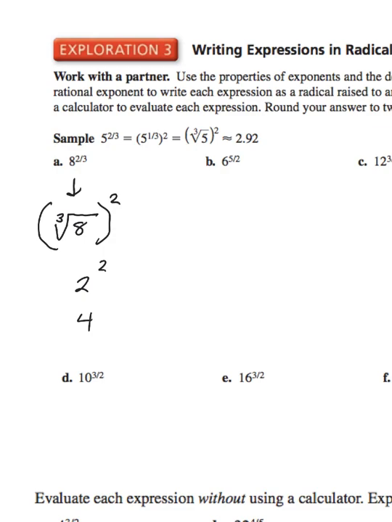Let's see if we can rewrite the next one. What's the radical for this one, Abby? If you look at the 2 in the denominator of the exponent, what does that mean?